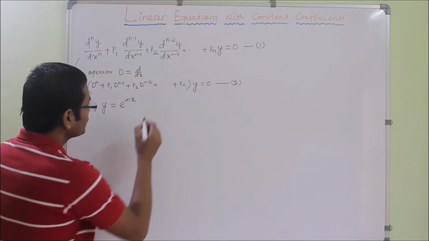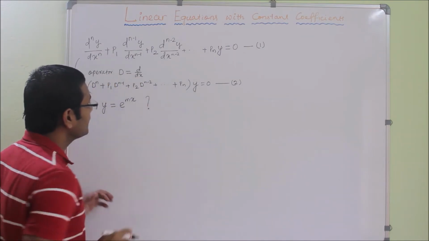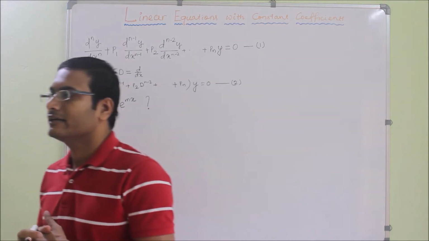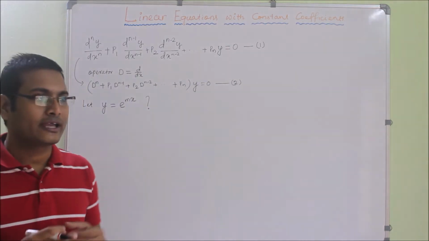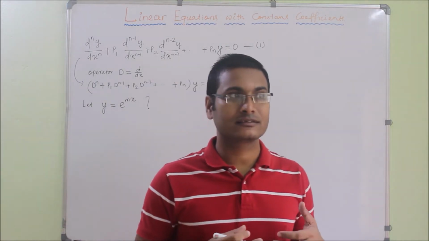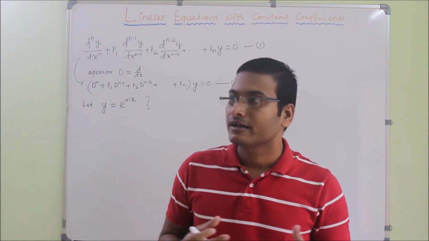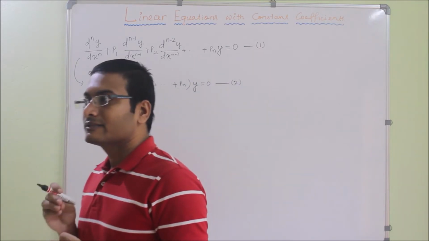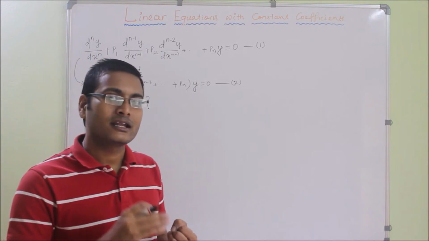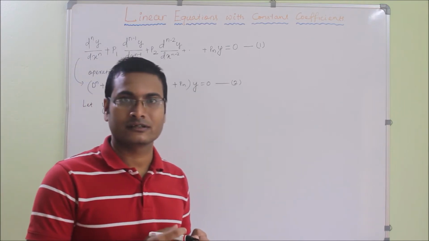Now the question is, why are we taking e to the power mx? What will be the benefit? The exponential function is a very beautiful function. What is the speciality? If you take the derivative of an exponential function, you again get an exponential function.